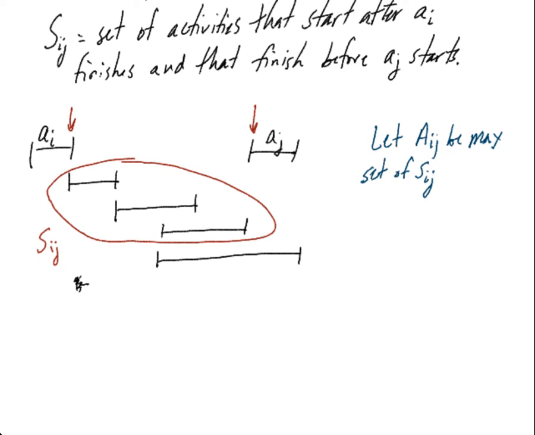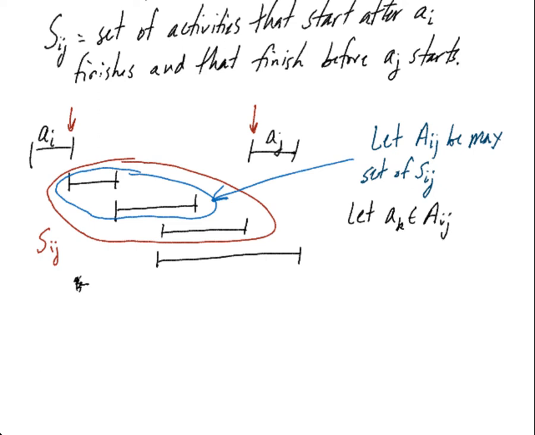But let's say this is a maximum set right there. We can't have all three because they're not mutually compatible. Now let A sub k be in the maximum set. So maybe we're going to let A sub k be that one right there.